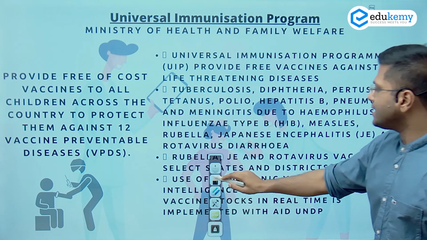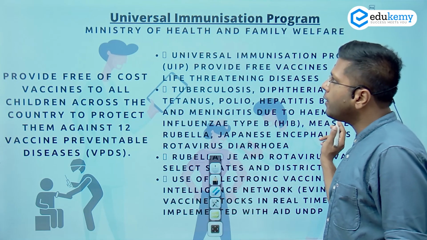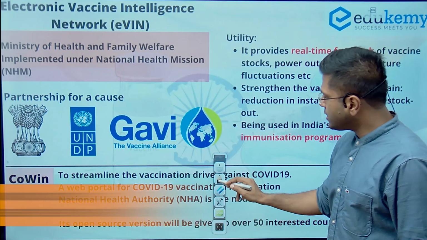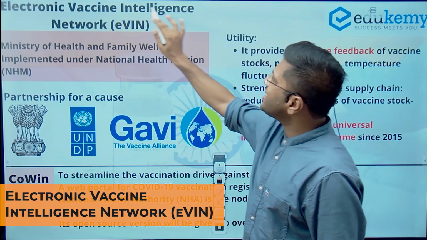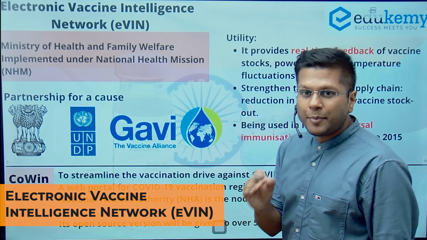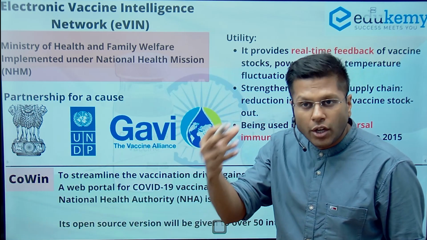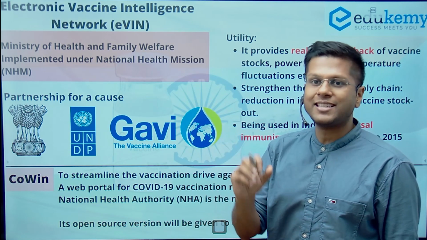Now, there is a portal called the eVIN portal, which manages how to handle the supply chain. eVIN is the Electronic Vaccine Intelligence Network. Through this, any person will be able to understand what is the shortfall of vaccines in a particular vaccination center, and what is the surplus at some particular place.